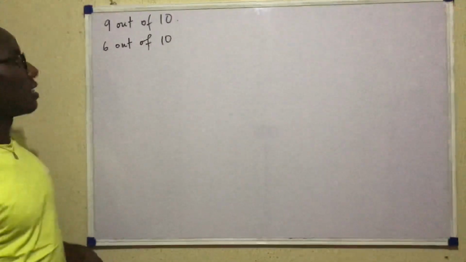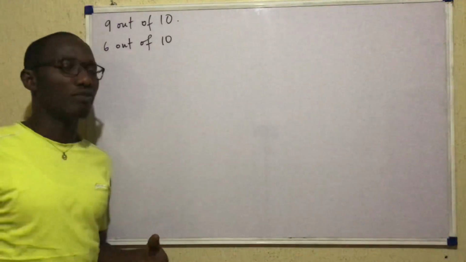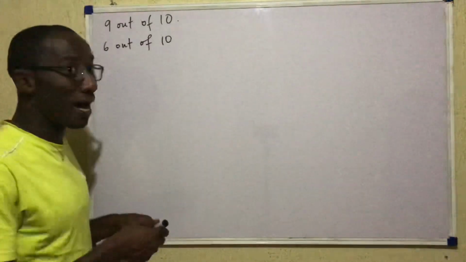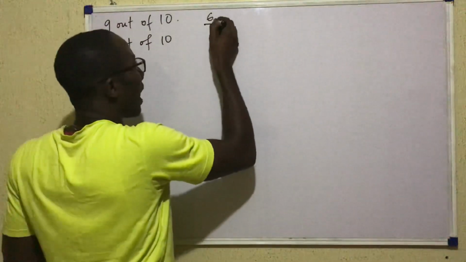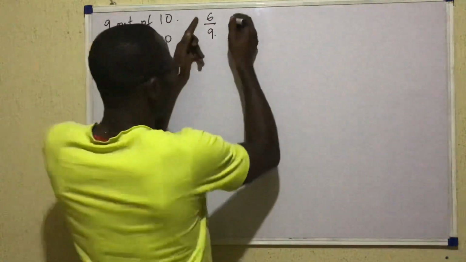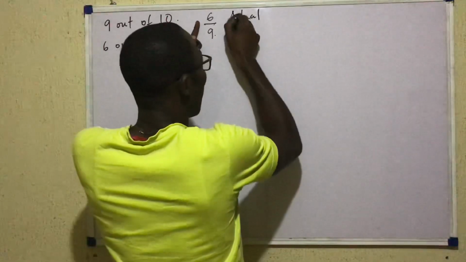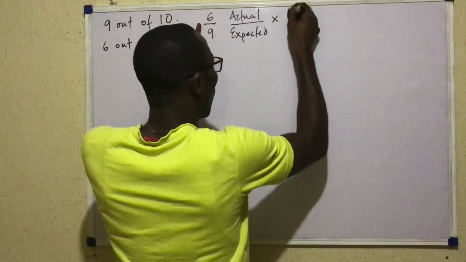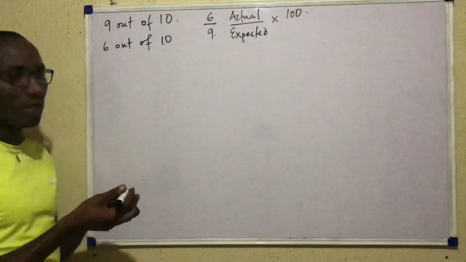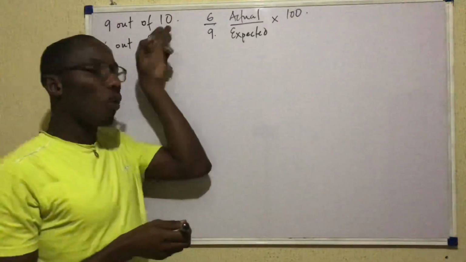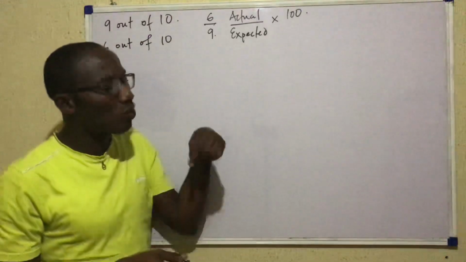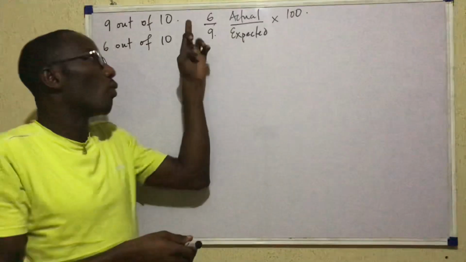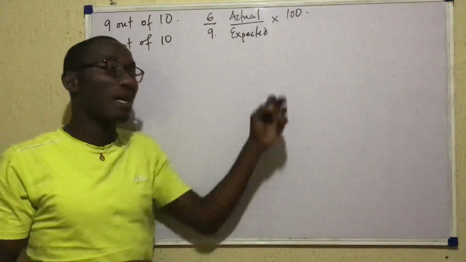So if we were asked for the percentage of the final score that you got, which is like your percentage success or percentage pass, you may say it is 6 out of the 9 you expected, which is your actual score over your expected or calculated score, times 100, because it says percentage, right? So the percentage of your calculated score that you actually got was 6 out of the 9 you calculated, times 100.